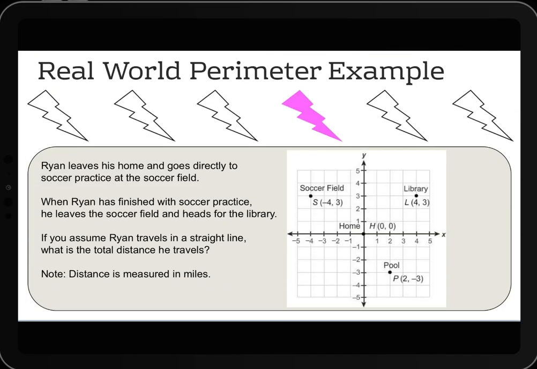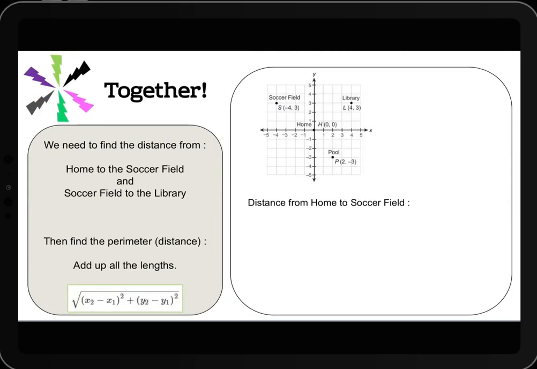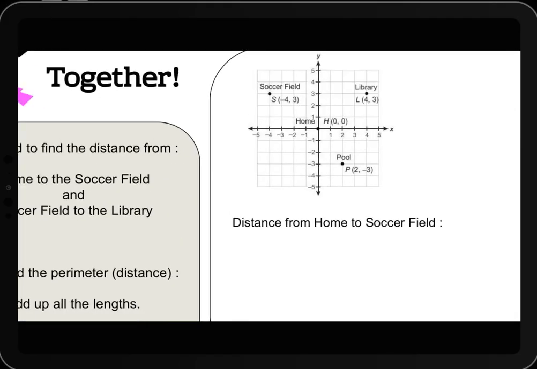Recall we also have this example here where Ryan leaves home, goes to soccer, and then goes to the library afterwards, and we want the total distance. So the strategy here was that we needed to determine the distance from home to soccer.